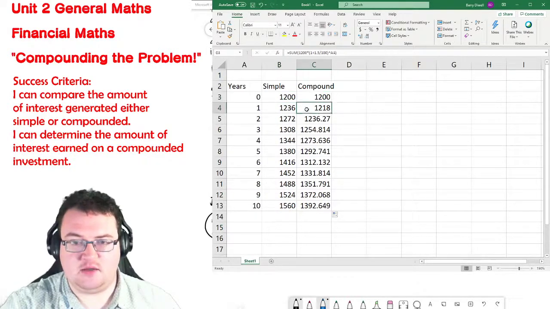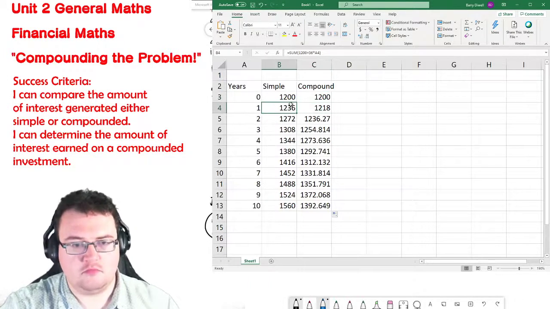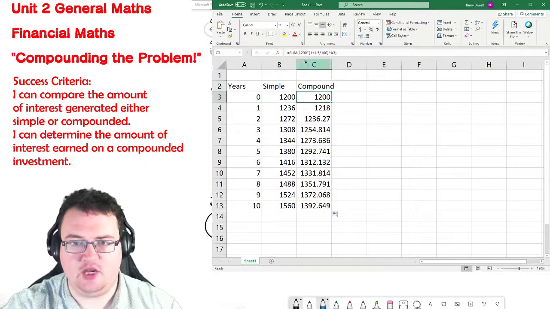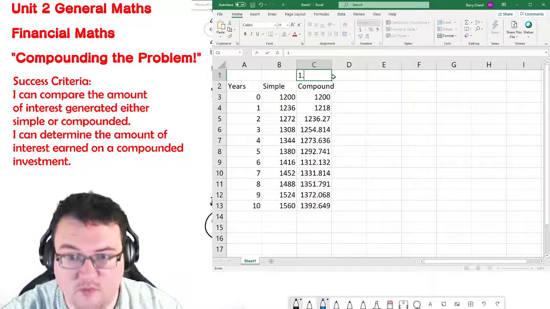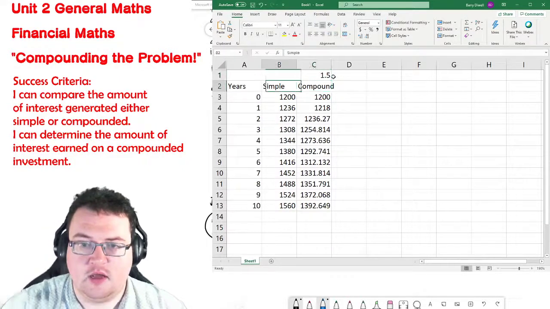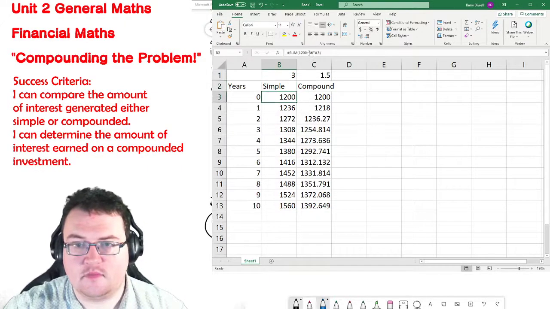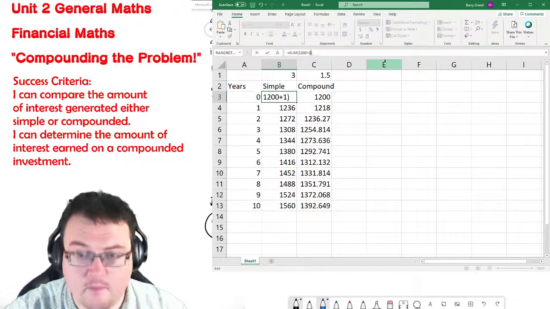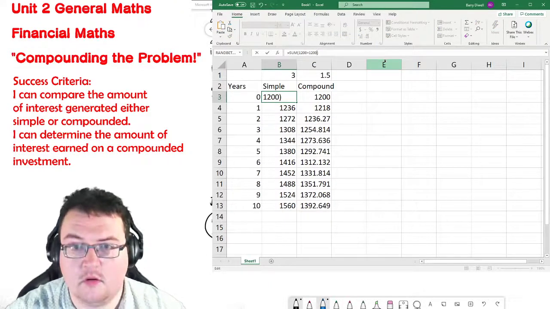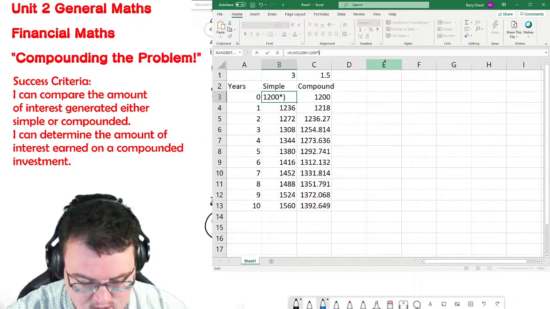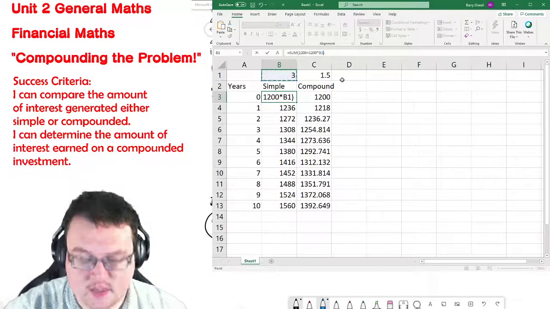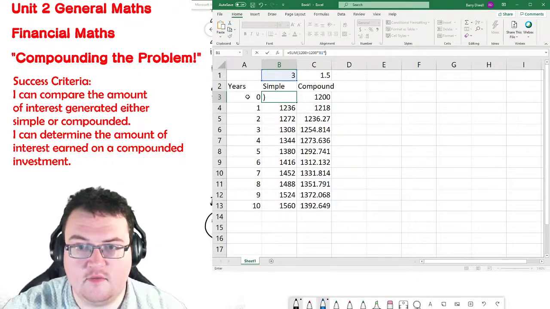And the beautiful part is that we can also customize these. So I can easily go in here, and instead of changing one number, I can go up here. So this says 1.5, and this is 3.